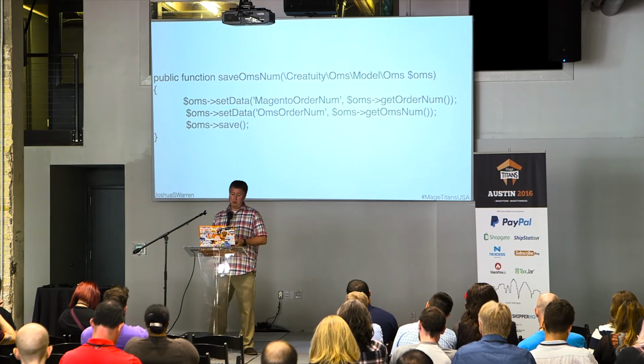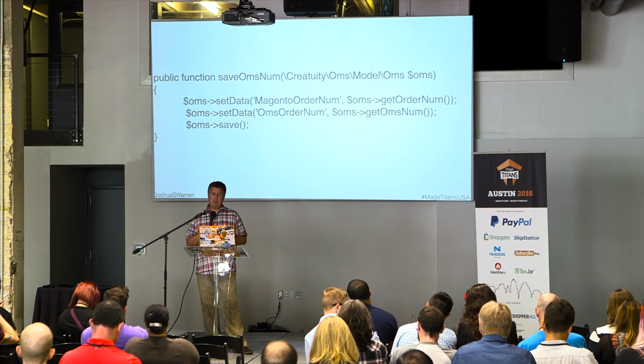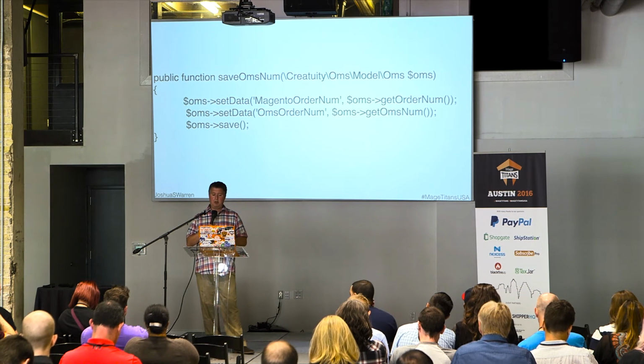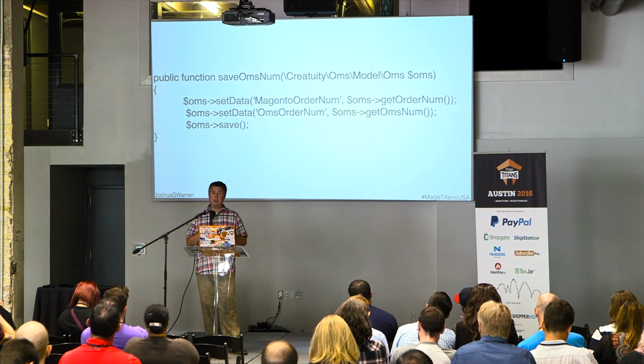And then this is a super simple example here of basically that function would just get the information from the message and save it in the Magento order. So again, we're not writing a whole lot of code to actually connect to the OMS because all of that's done through Rabbit. We basically have Magento pushing the information into Rabbit. The OMS team has integrated the OMS into Rabbit as well, and Rabbit serves as that conduit between the two.